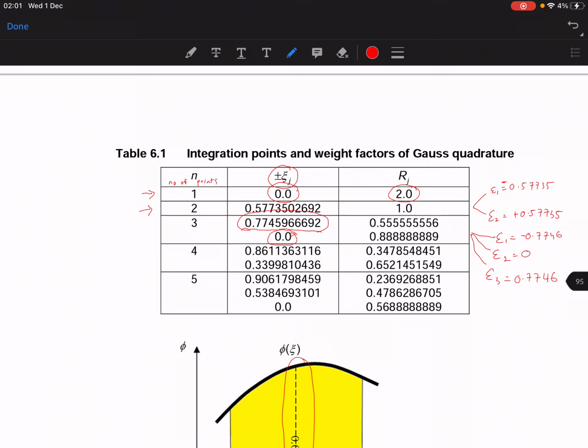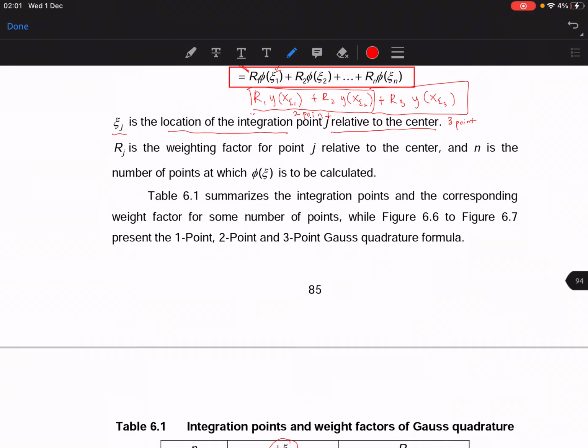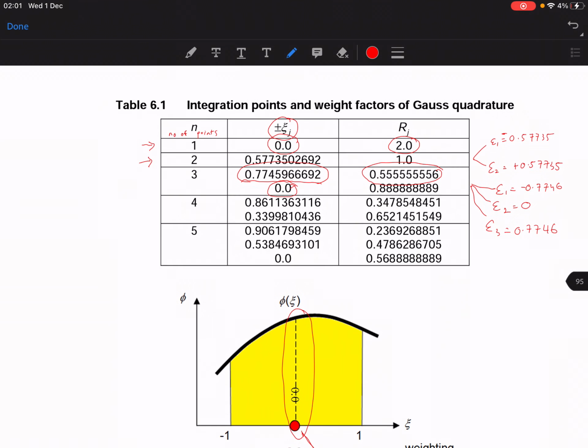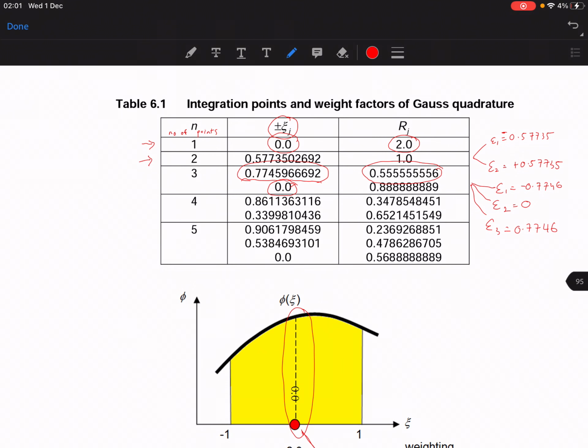And its corresponding values for R, because this R is actually the weighting factor, so it is not affected by the region. So for 2 point, R1 will become 1, and R2 will also become 1, which is located here for 2 point.